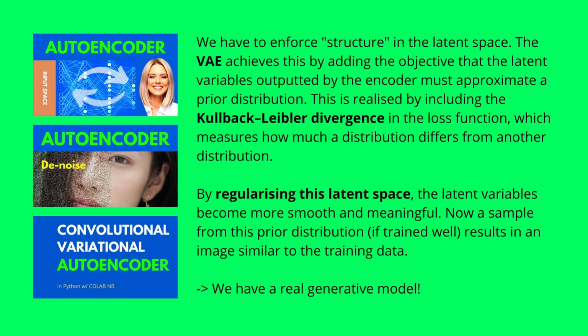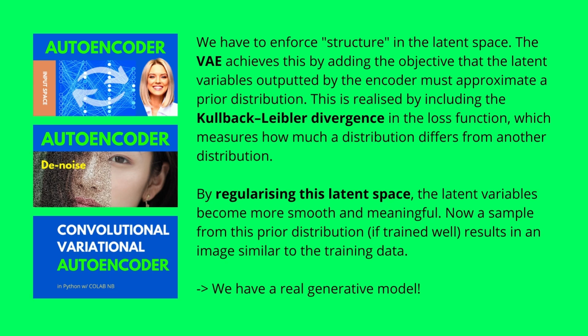Now, this has also the effect of regularizing this latent space. So these latent variables do not jump from 0 to infinity, but become more smooth and meaningful for us in our system. And now a sample that we take from this prior distribution, if the system has been trained well on a lot of training data sets, results in an image similar to the one with the training data.